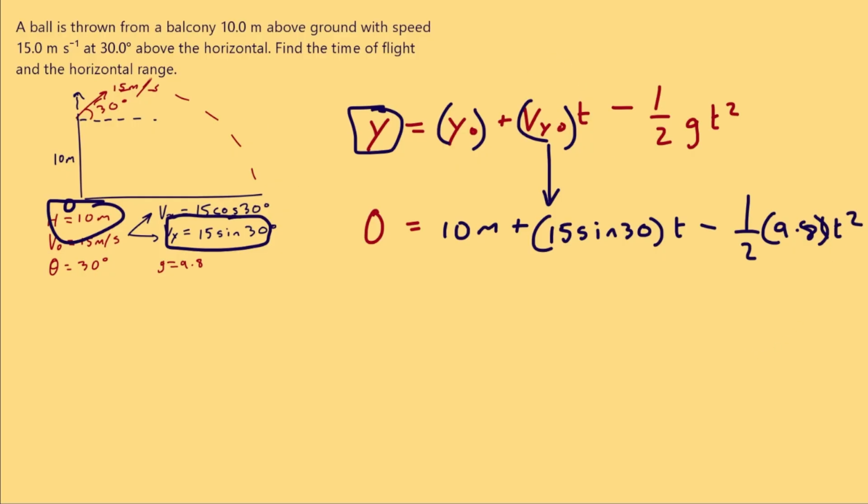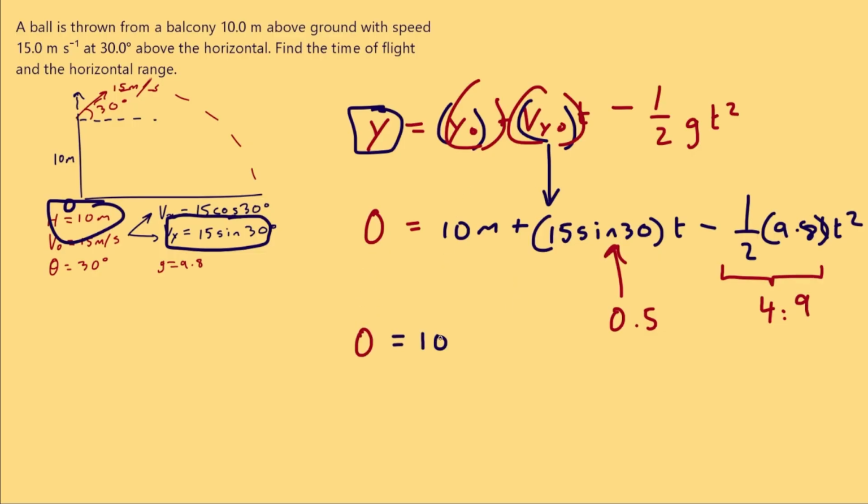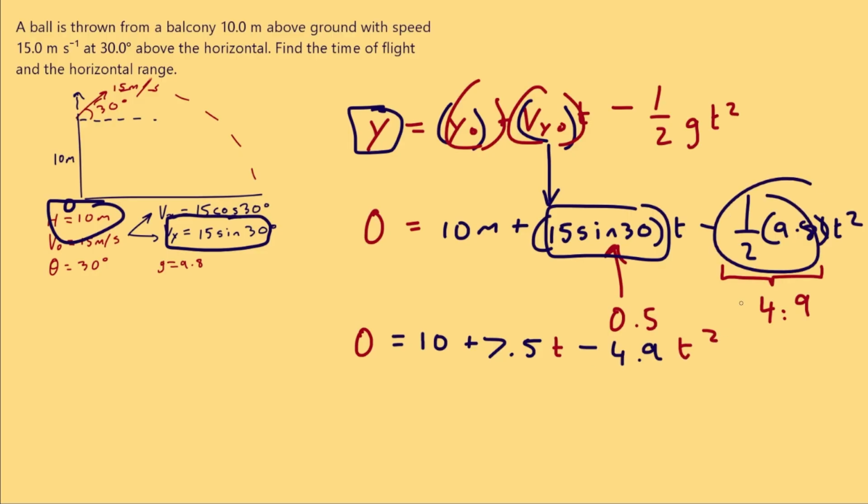All we've done is substitute in the numbers that we know. Now sine 30 is equal to 0.5, and half of 9.8 is 4.9. So we can go ahead and simplify our equation one step further. 0 equals 10 plus 7.5 t minus 4.9 t squared.